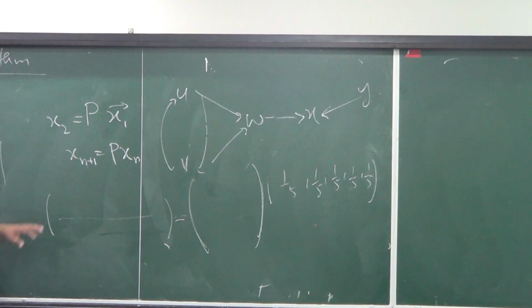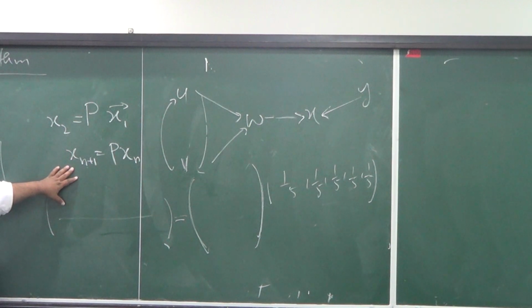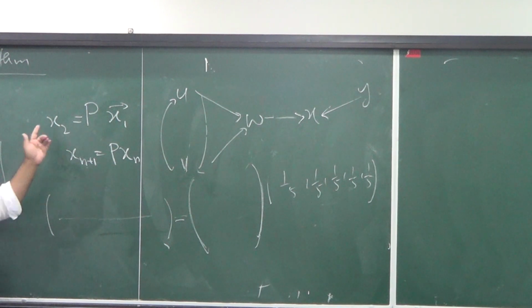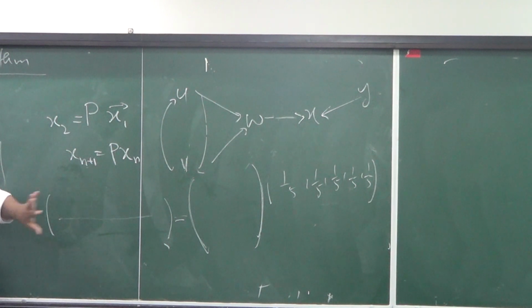And you ask the question, is this going to have stationary behavior? Are they going to go somewhere? Is this process of transitioning from one state to another, or one website to another website, going to stop somewhere or not?